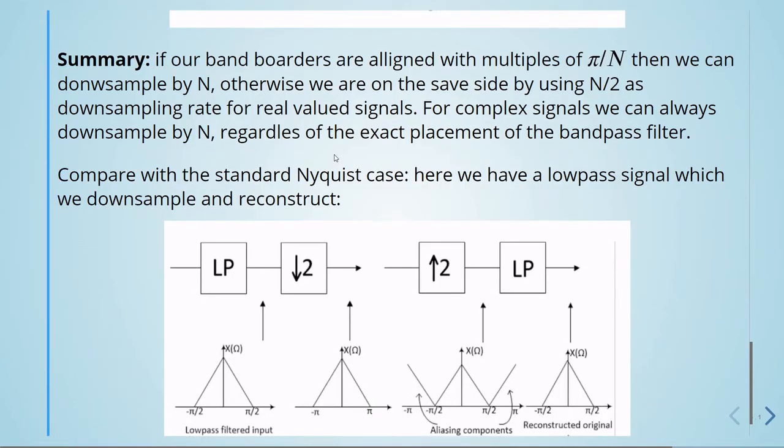Summarizing, if our band borders are aligned with multiples of pi divided by capital N, then we can downsample by N. Otherwise, we are on the safe side by using N divided by 2 as downsampling rate for real valued signals. For complex signals, we can always downsample by N regardless of the exact placement of the bandpass filter.